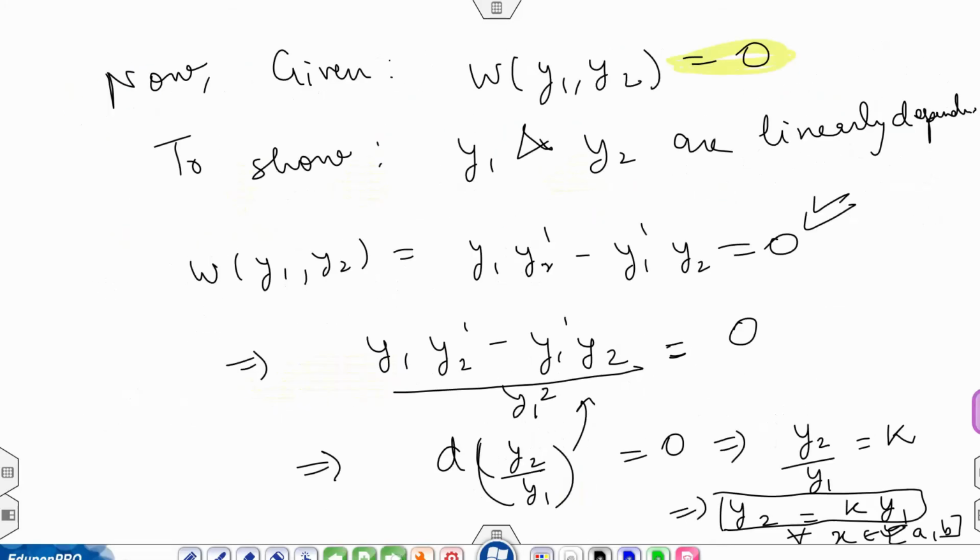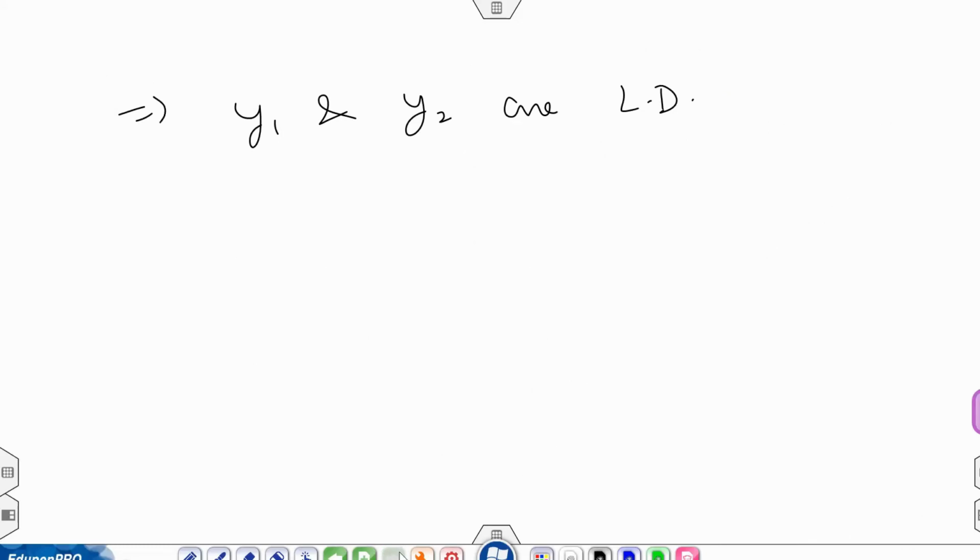So this will help you to see, when you have two solutions y1 and y2, that if they are linearly independent, then only they will contribute to the general solution of the homogeneous second order differential equation. And if they are linearly dependent, you know how you can check that: if the Wronskian between the two is coming out to be 0, then they are linearly dependent.